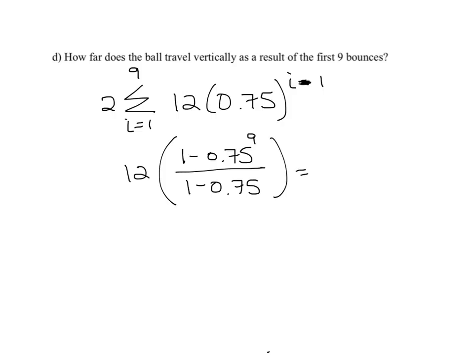Oh, but remember, I got to multiply it by 2, because with the bouncing, we've got the up and the down. So that winds up being, well, approximately 88.8 feet altogether. Let's make that an approximate symbol there. And those are the answers. Thank you very much.